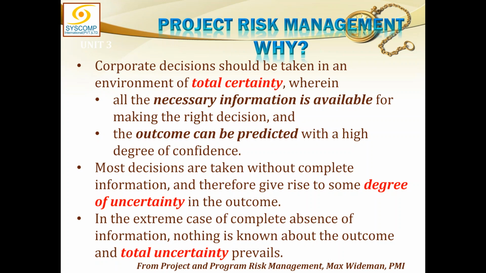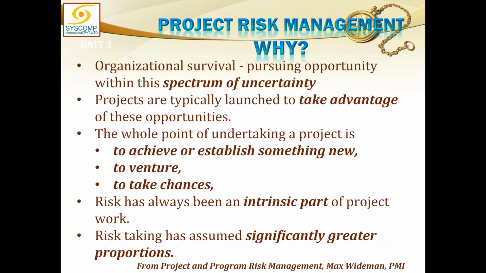But in the case of total uncertainty, this is the most difficult job. So, as the job becomes difficult, we rely more on probability and statistics. In risk management, we have a lot of use of probability and statistics.